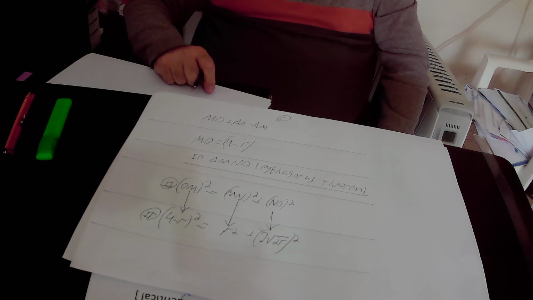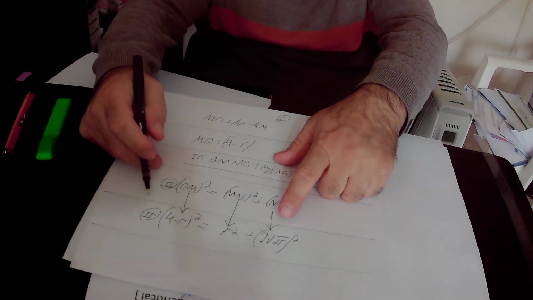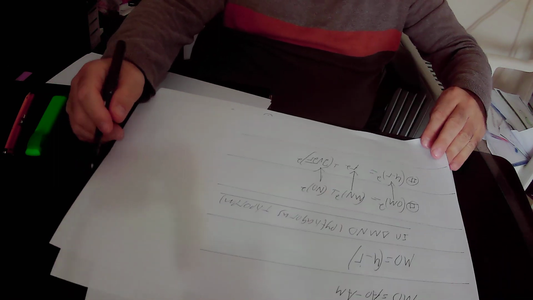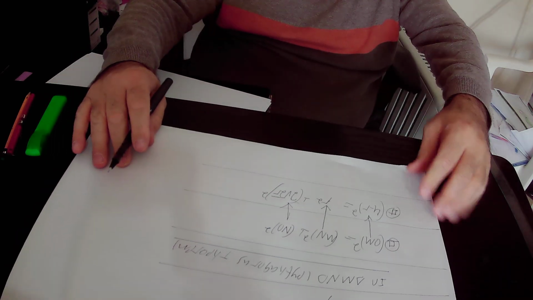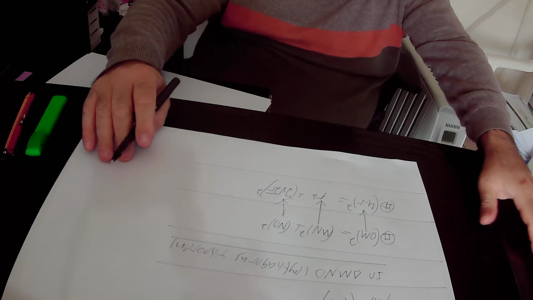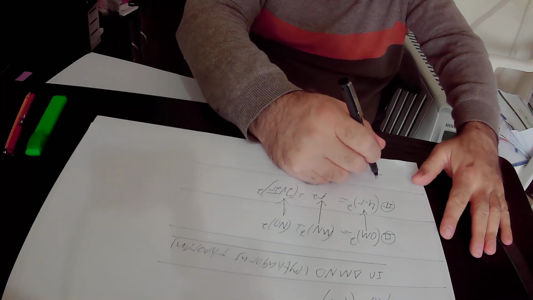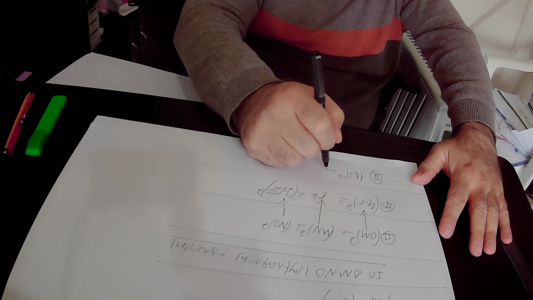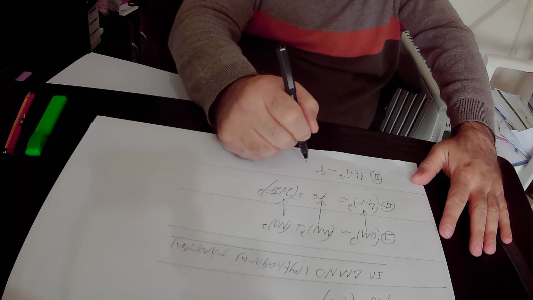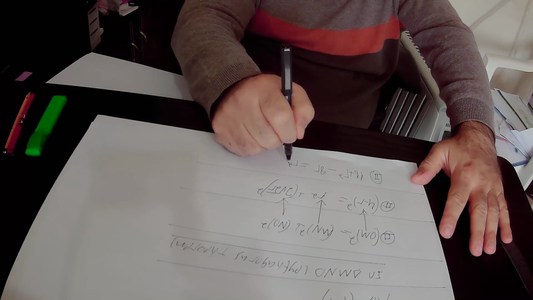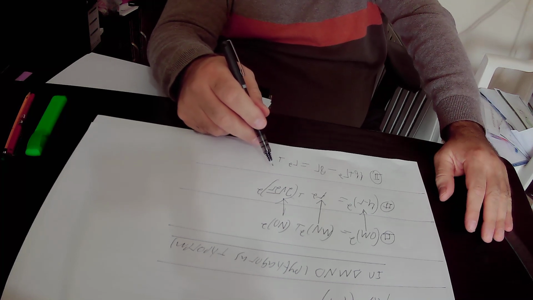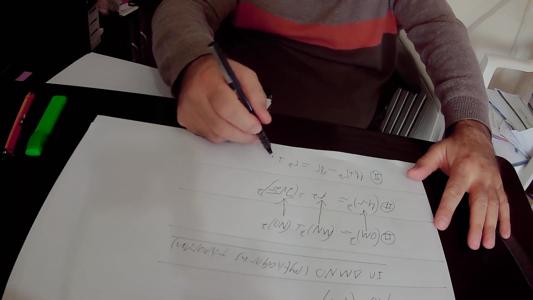Here we will open the brackets of equation number 2, on both sides, and we will get that (4 minus R) square is actually 16 plus R square minus 8R, and it equals R square plus (2 times square root of 2 R) square, which is actually 8R.